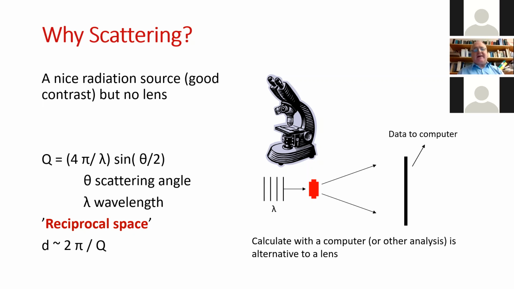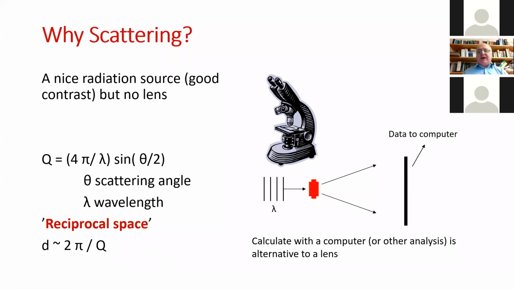We're working, if you like, in what is called reciprocal space. Q has the dimensions of 1/length, so that if we measure at big angles, we're looking at small distances. If we're looking at small angles, we're looking at big distances. We can think of observing correlations at different values of momentum transfer, and the size scale for those correlations depends in this way on the reciprocal of the momentum transfer.